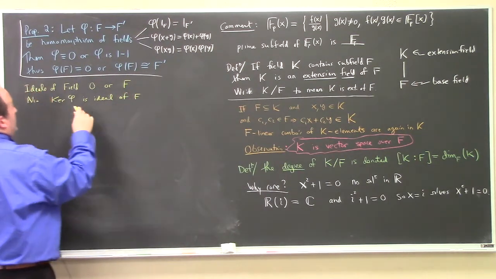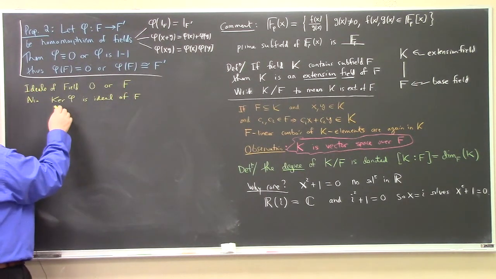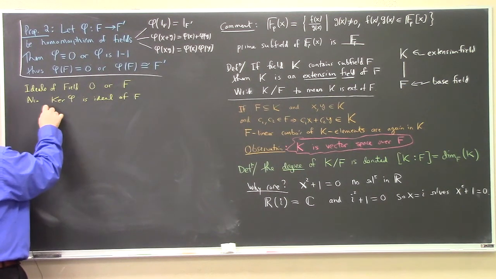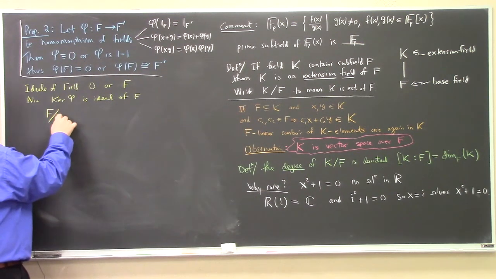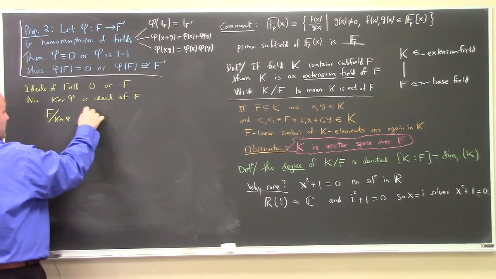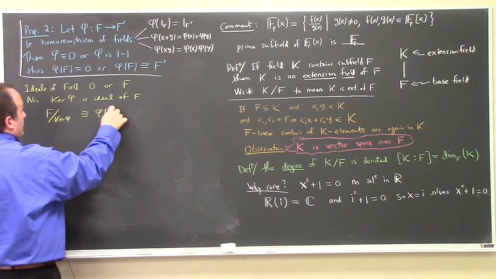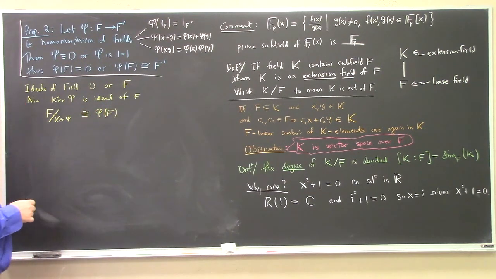So the first isomorphism theorem says F mod the kernel of phi is isomorphic to the image. So that's this proposition essentially, right? The kernel is an ideal of a field. So there's two choices. It's either 0 or the whole field.